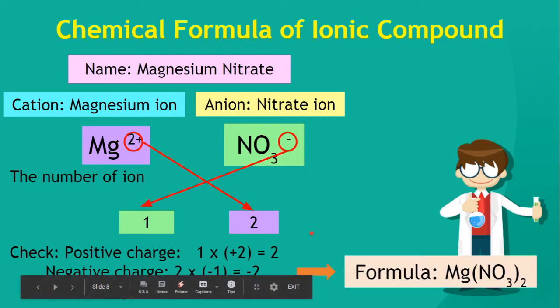We get the formula Mg(NO3)2. Why do we put brackets here? Because we have NO3. For nitrate, we have nitrogen and oxygen, so this ion contains 2 elements. The 2 applies to the whole nitrate, nitrogen and oxygen. That's why we put brackets around NO3.